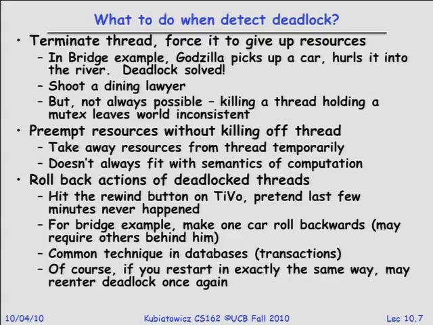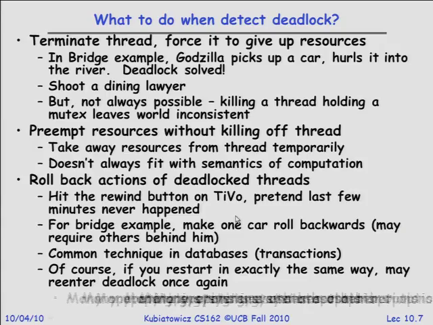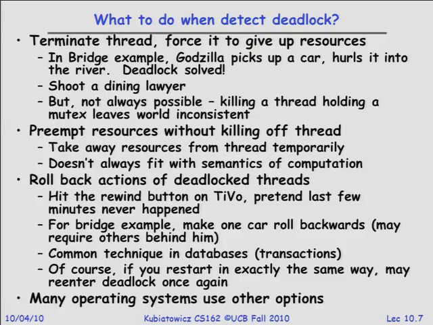It's for databases where the things the threads might be doing are very specific, undoable data change operations, and that's not always possible. But it is nice to have this ability when you have it. And many operating systems use other options like, yeah, just reboot when you get a deadlock. Okay. Questions?